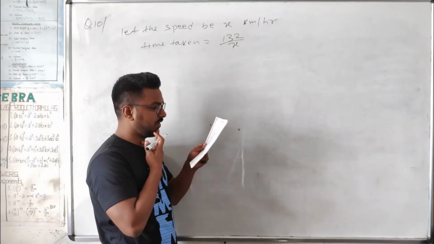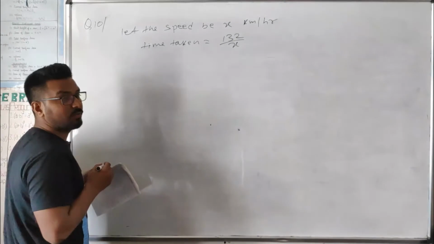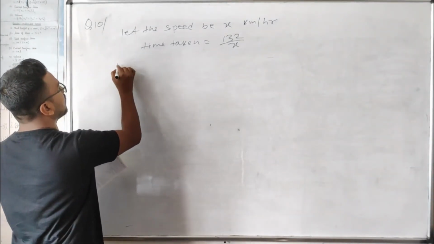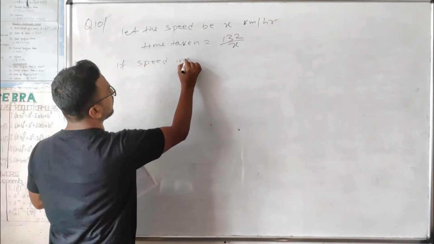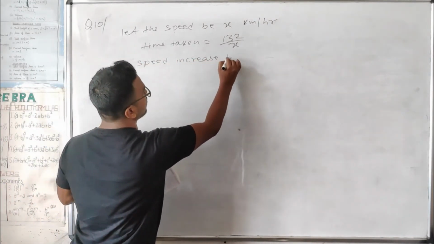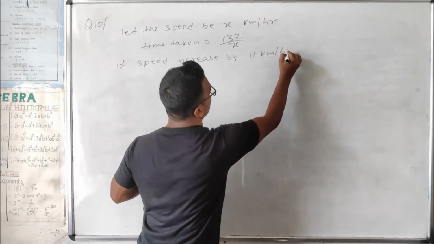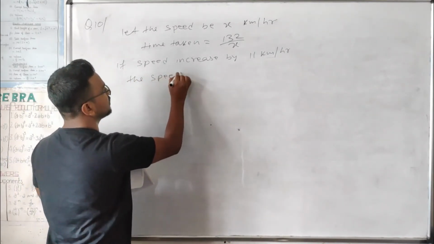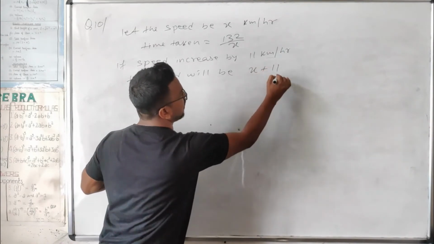Next, it is given if the average speed of the express train is 11 km per hour more, so it will be how much? If the speed increases by 11 km per hour, then speed will become x plus 11.